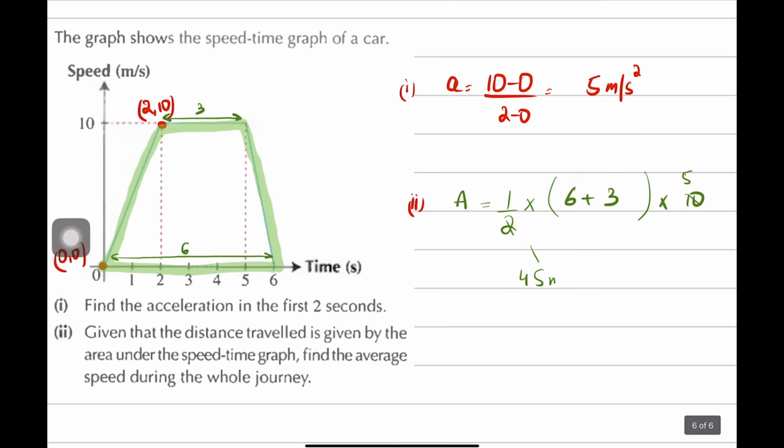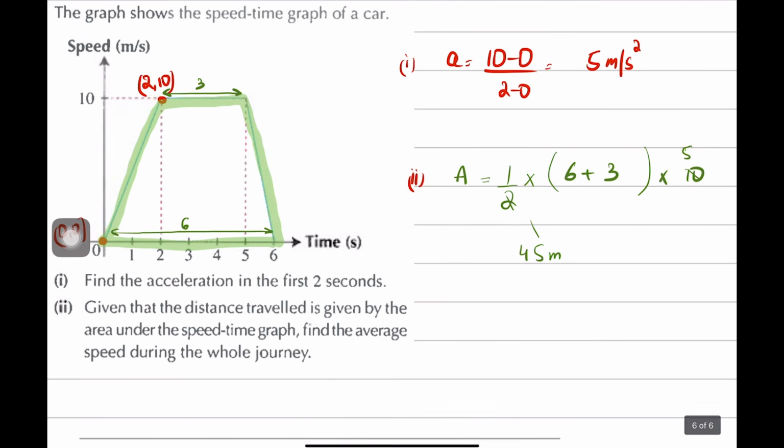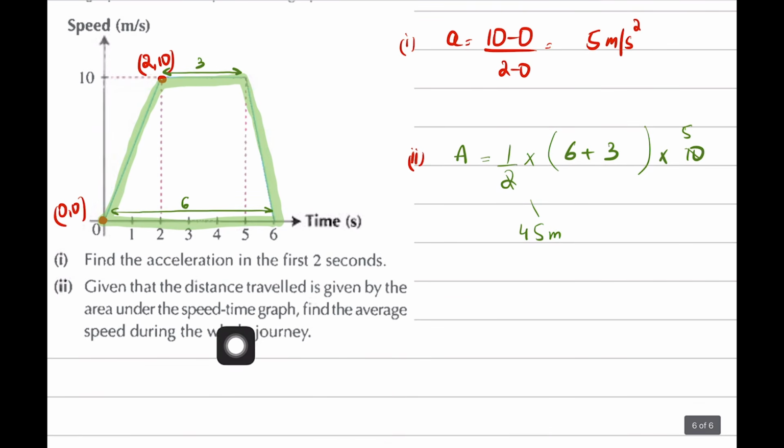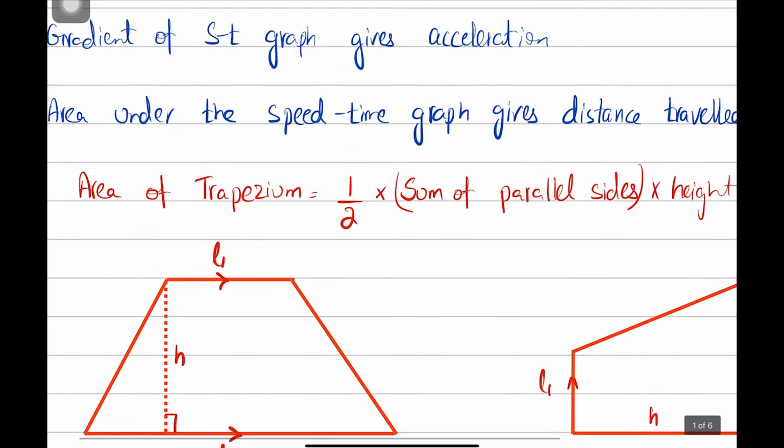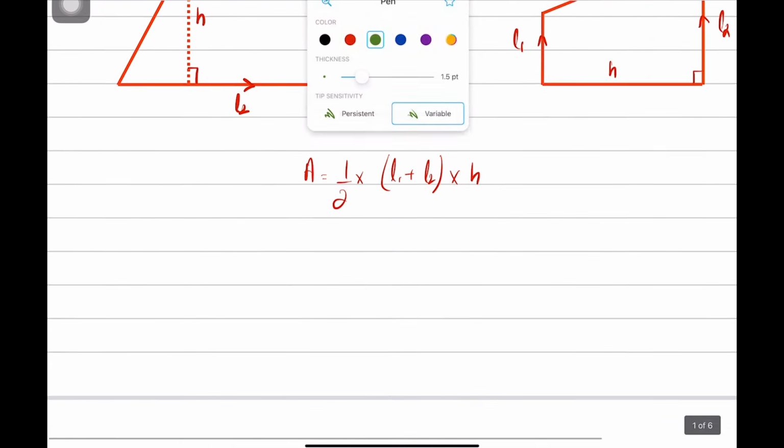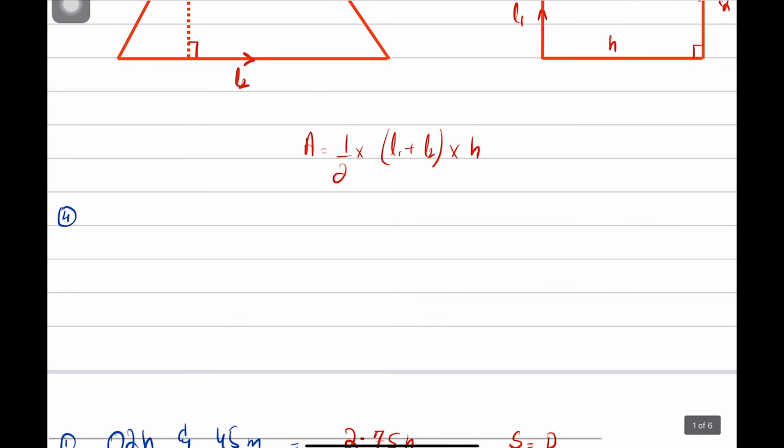Now the question doesn't end there. You now have to calculate the average speed. Oh, here's one formula which I forgot to write down. How do you calculate the average speed? You can say this is key point number 4. That is exactly why I didn't write it down, because I assumed you would know.